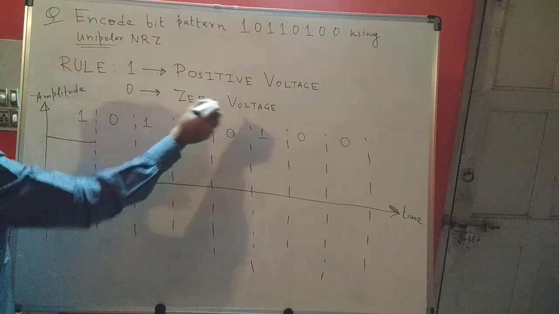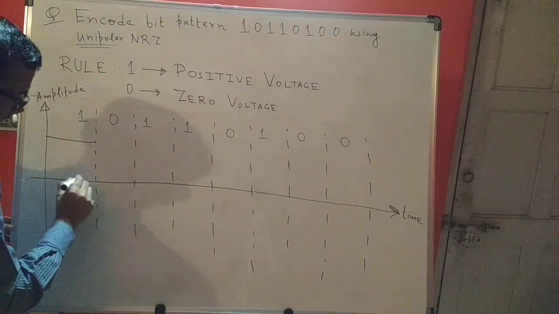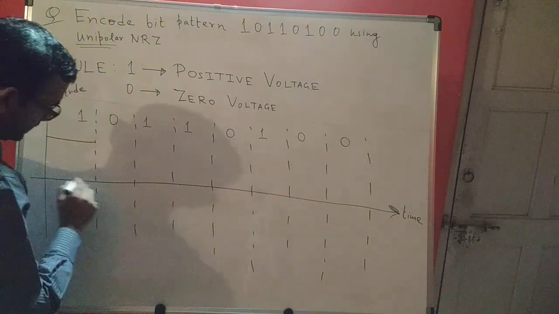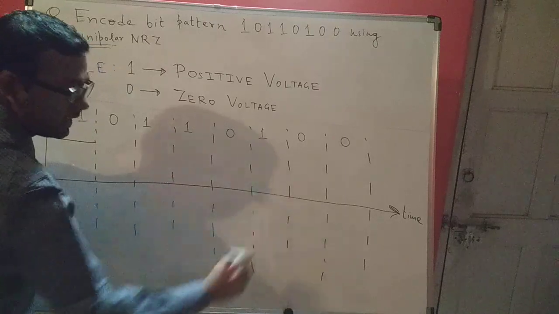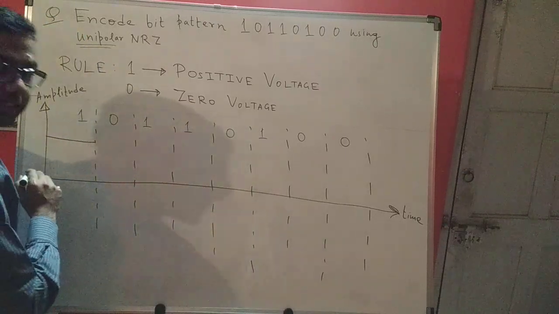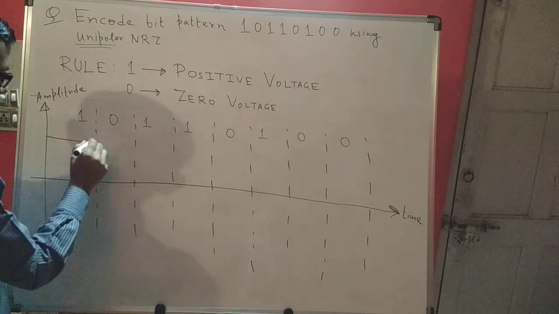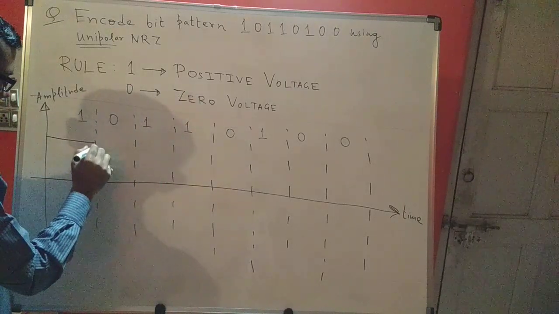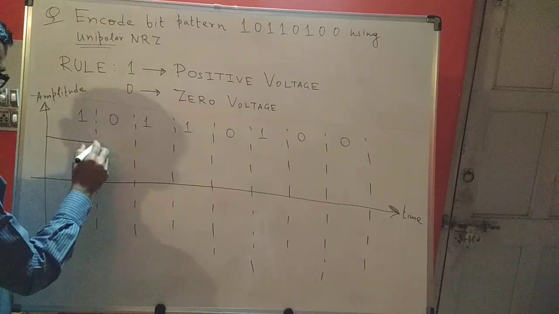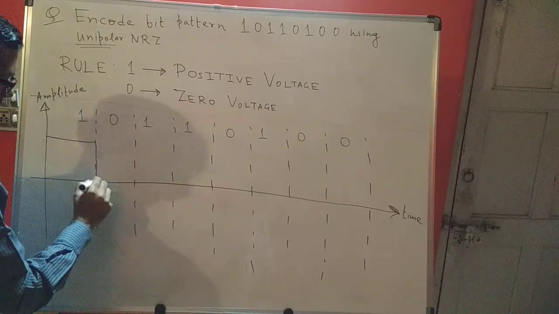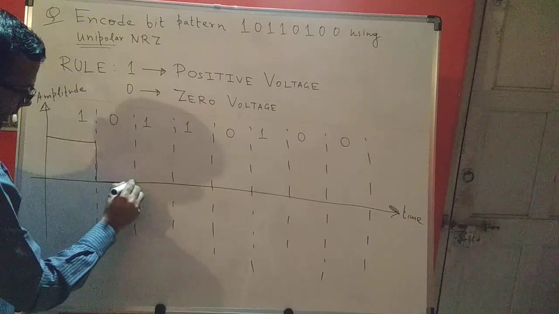Now 0 represents 0 voltage. Now 0 voltage is represented along the time axis. So along the time axis, if I draw a signal, then that would represent 0 voltage. And the bit 0 represents 0 voltage. So when I see a 0, I'll come down and I'll represent the 0 voltage along the time axis.